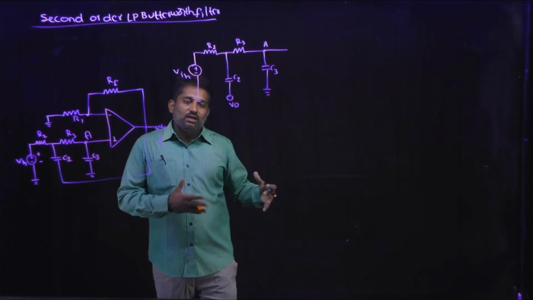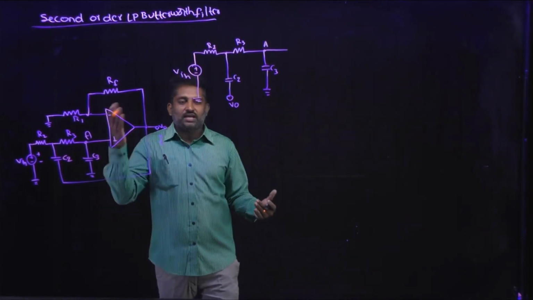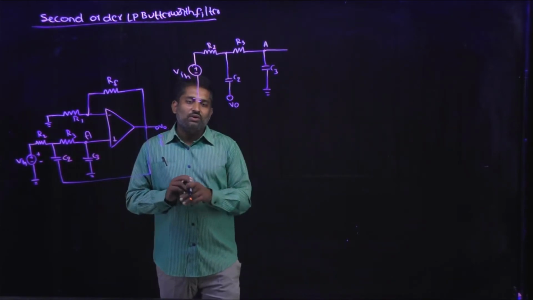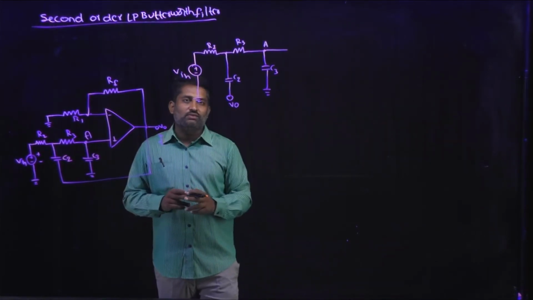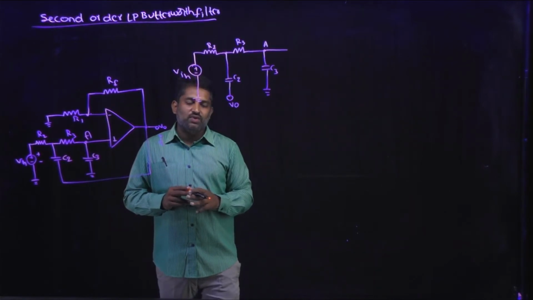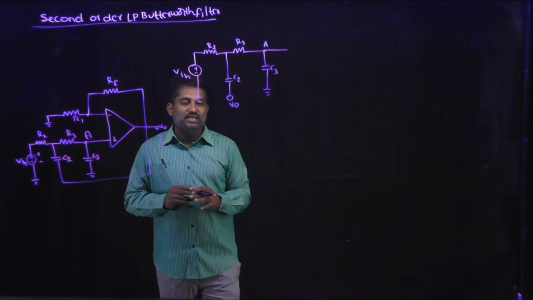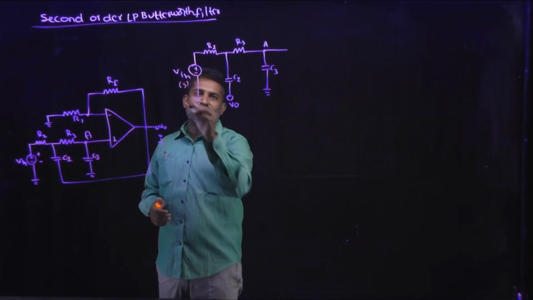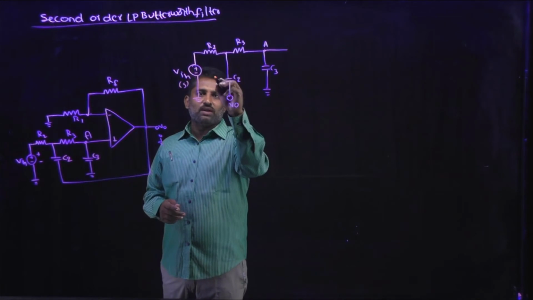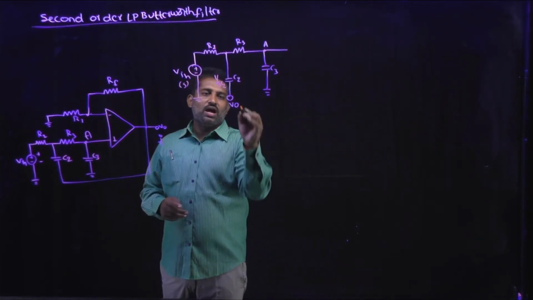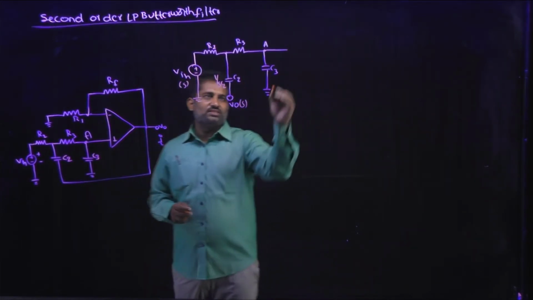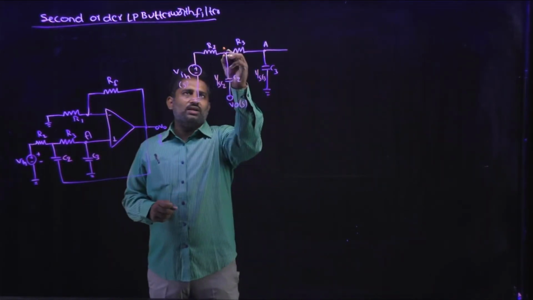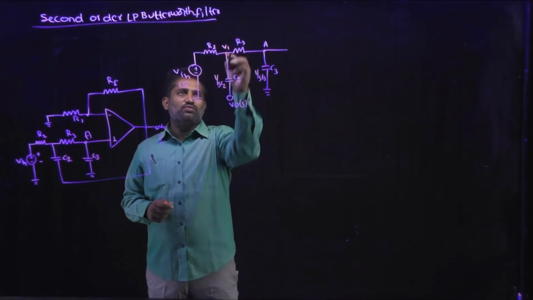Derive the cutoff frequency for the second order low pass Butterworth filter. First we have to consider the input RC network, apply Laplace transform for this network, then we can easily calculate the cutoff frequency. Here we are treating it as V in of S, and here it is taken as 1 by S into C2, and here it will be taken as V0 of S, and here it will be considered as 1 by S into C3, and take this node as V1.